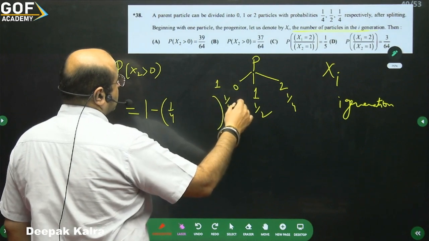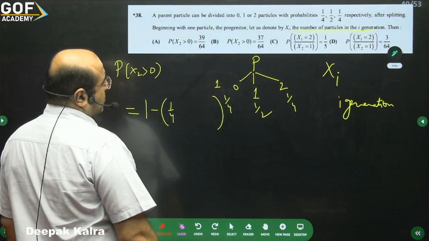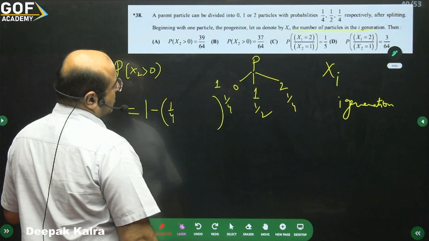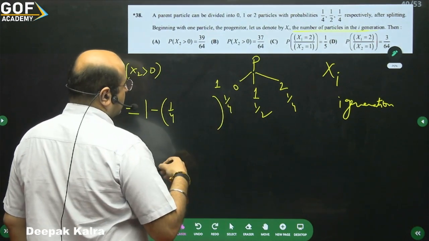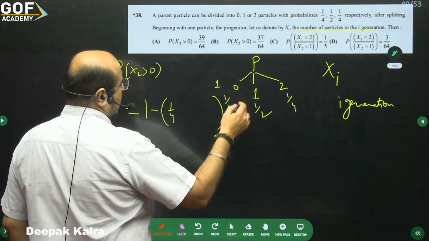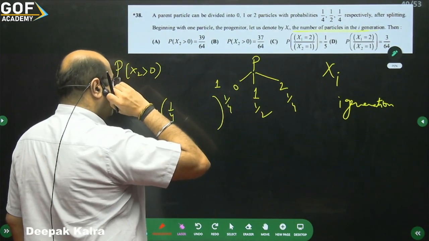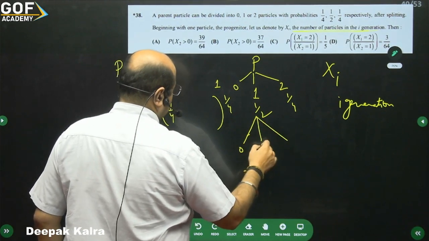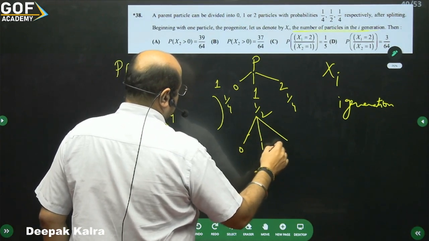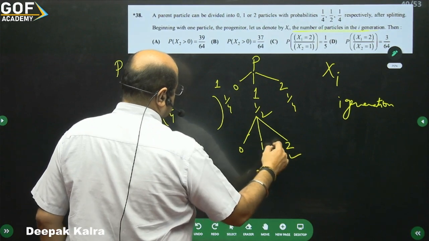Then you have second generation. So in first generation, if 0 is there, we cannot move. That we have to subtract. If 1 is there, we can move. Then you have 0, 1 and 2. This will work, this won't work.